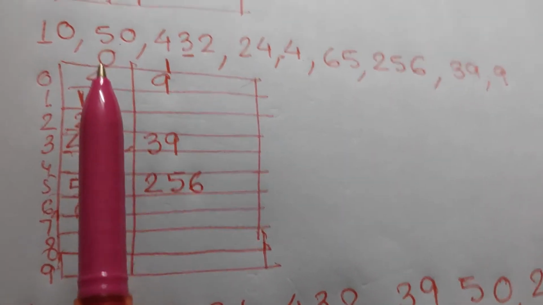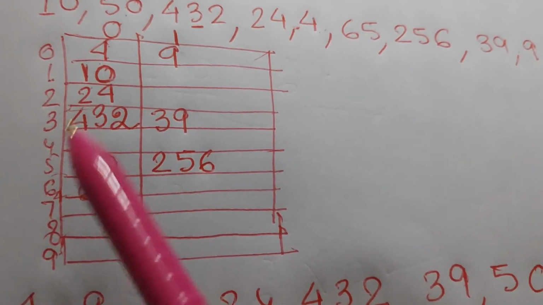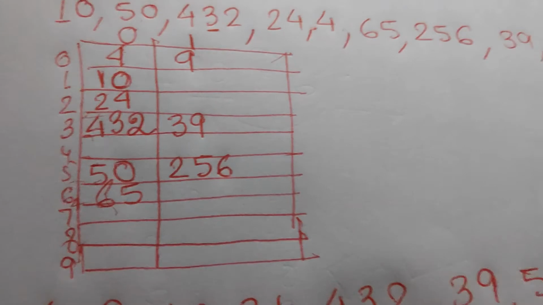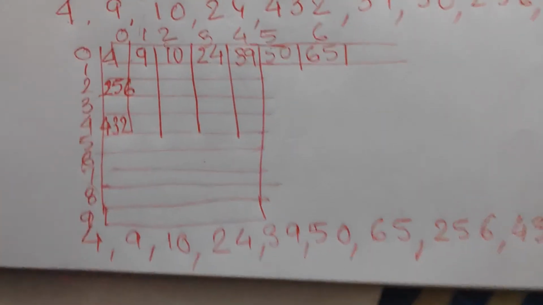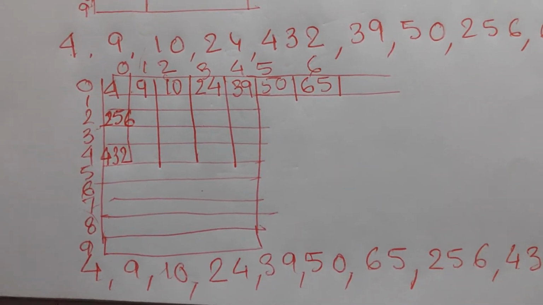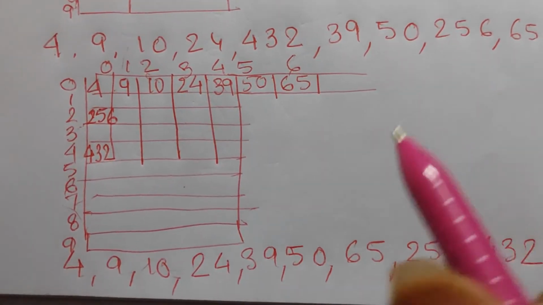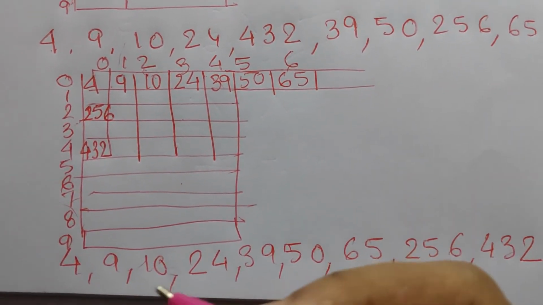And the radix would contain 10 digits when we are considering a decimal number system. And we bucket out the numbers in the rows in a 2-dimensional array and then rearrange the numbers again in the array to get the sorted array.